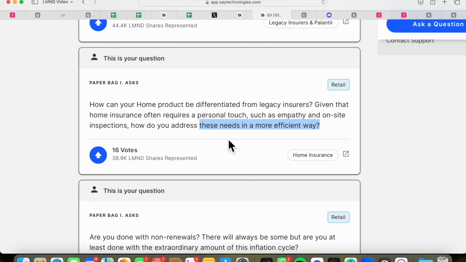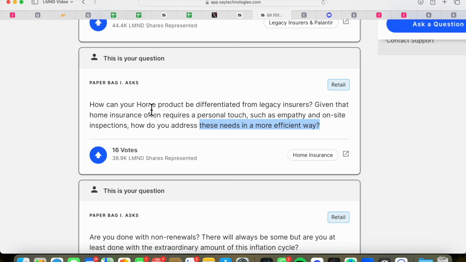I don't know if the home product ever will be as differentiated as, say, car insurance, where Lemonade has this customer base that is young and tech savvy and is okay with having their phone location tracking how fast they drive and how quickly they turn and where they go, what times of day.